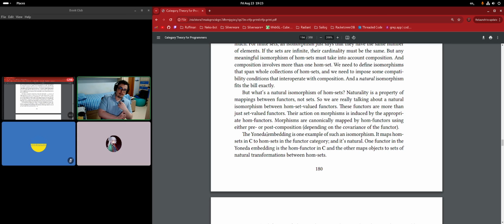So what would that be, the hom set in the functor category? We've seen this before, right? Is that the target of the functor? I believe so.